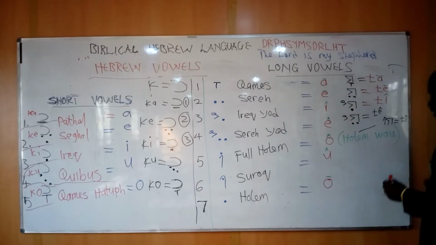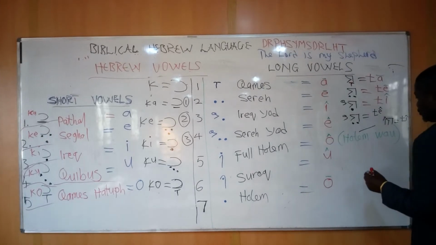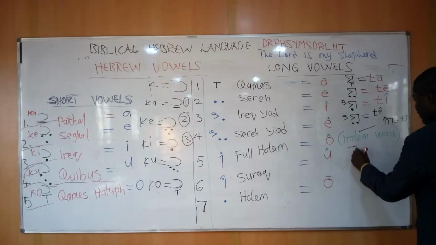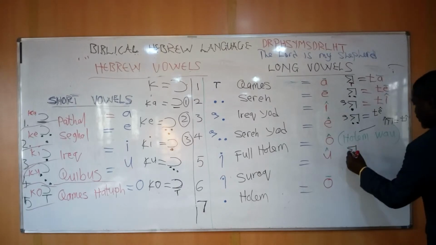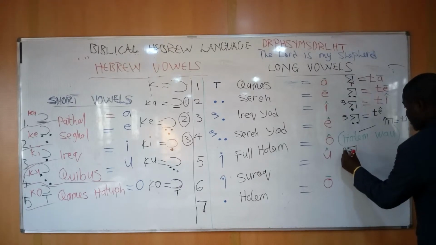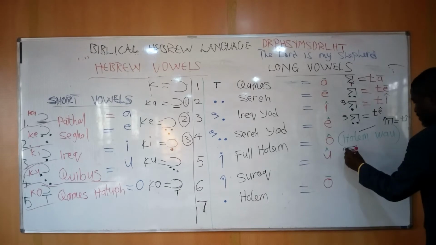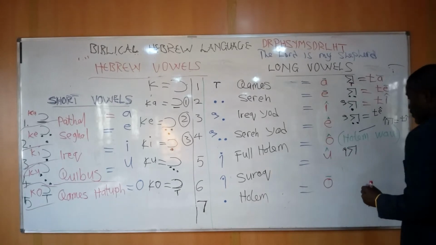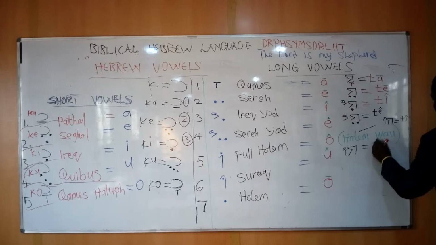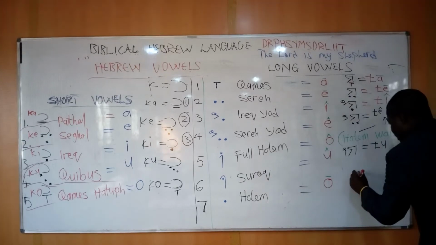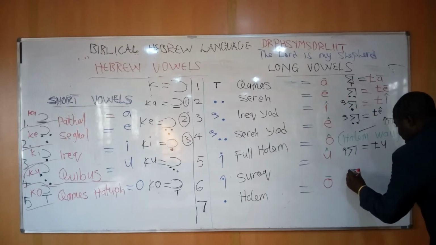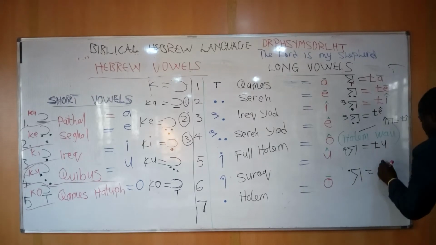Then in Surek, you write it this way. Then they use this, which is equal to T, it's equal to 2. Then this one stays on top, which is toe.